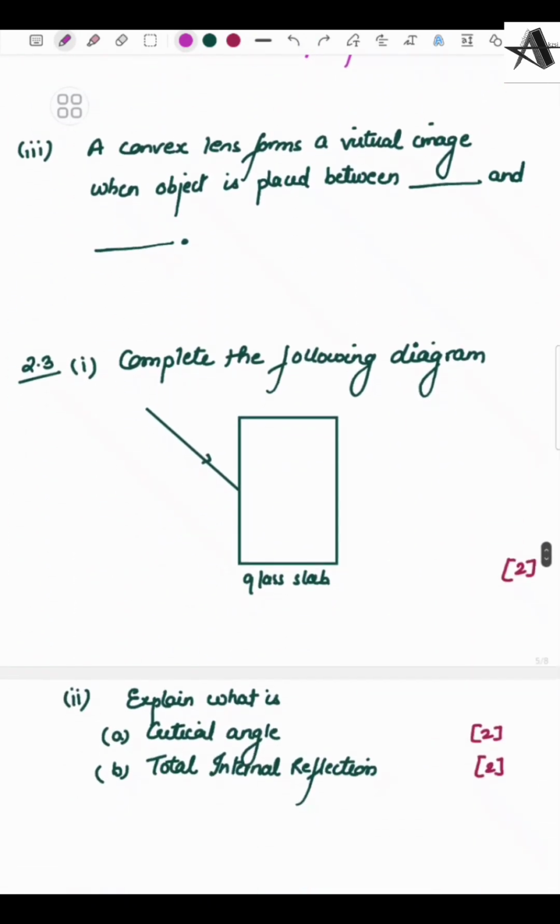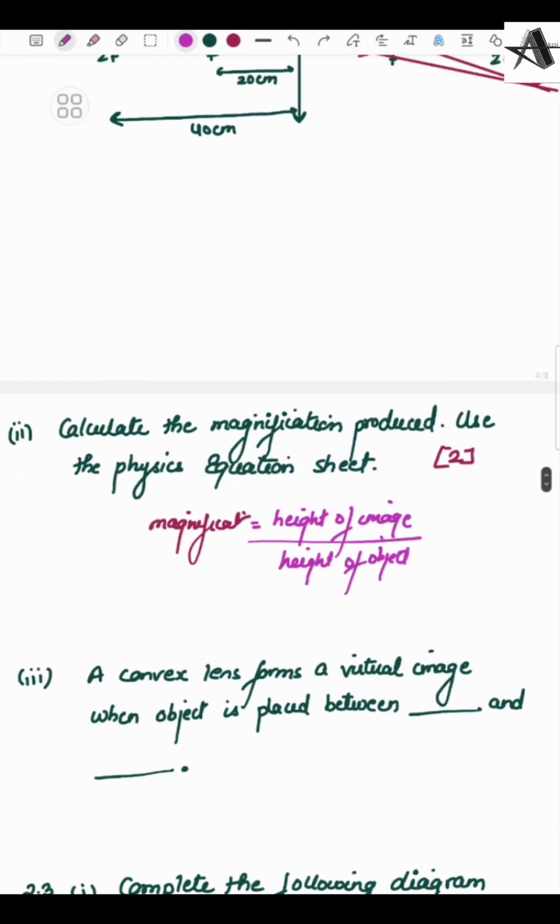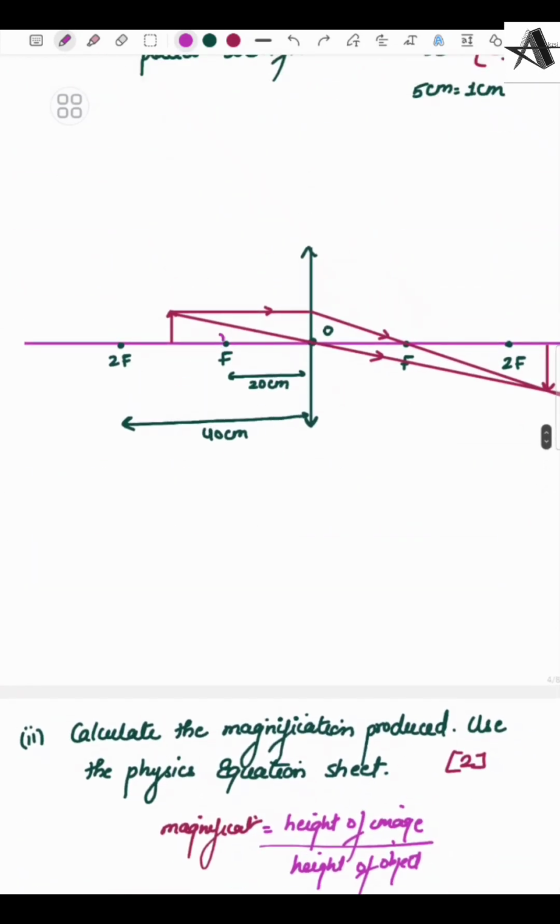A convex lens forms a virtual image when the object is placed between... Convex lens produces always the inverted and real image. Only the case where it produces the virtual image is when the object is placed between the center, that is your optical center, and the principal focus. That means here, if this is principal focus, this is optical center, if you place the object anywhere in between that, you will always end up getting a virtual image.